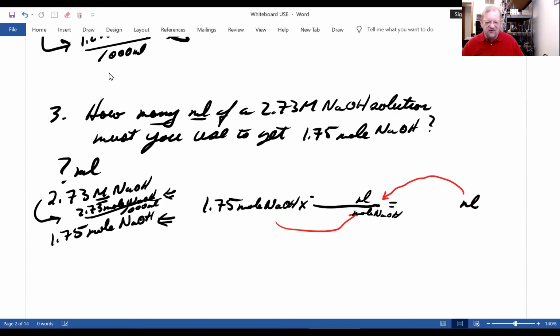And where do we get these numbers? From here. We know for every 1,000 milliliters, there's 2.73 moles of NaOH. And now moles of NaOH divided by moles of NaOH cancel out, and we're left with milliliters.